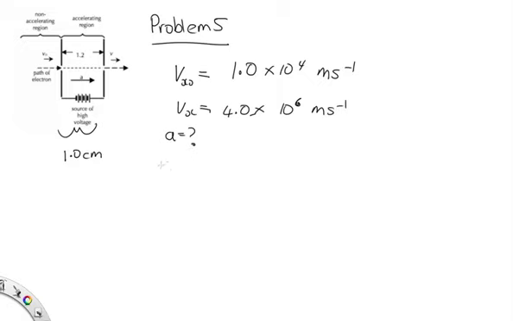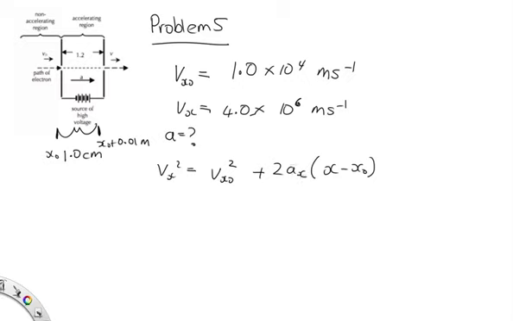So in this case, we need to use the equation that Vx squared is equal to Vx naught squared plus 2ax times x minus x naught. X naught is here, so this is x naught, x is here, and this is 1 centimeter further on from x naught. So this is x naught plus 0.01 meters. Okay, so now we can substitute everything into this equation here.